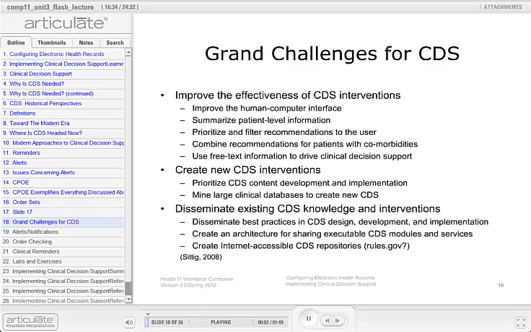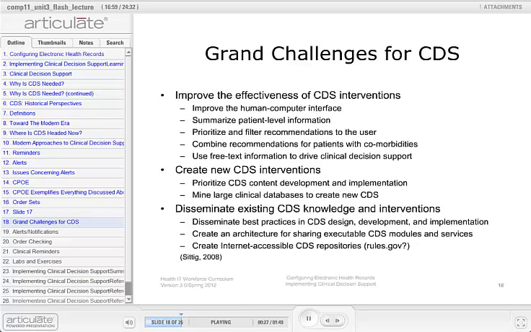In the context of clinical decision support, what are the grand challenges moving forward? CITIG and other leaders in the field published a paper in 2008, and much of what they listed as grand challenges are still challenges today. One category of challenges is to improve the effectiveness of clinical decision support (CDS) intervention.